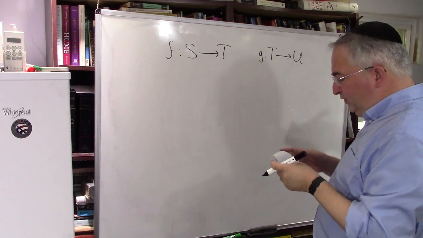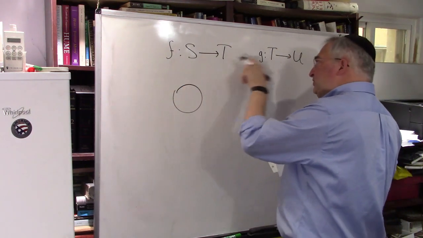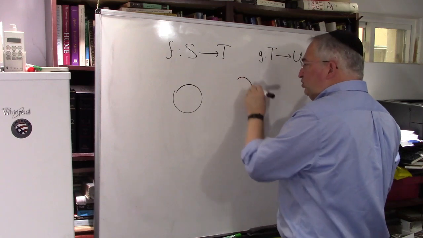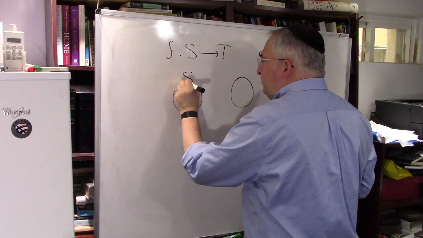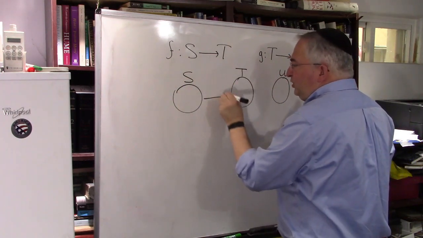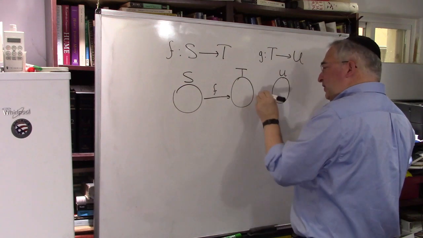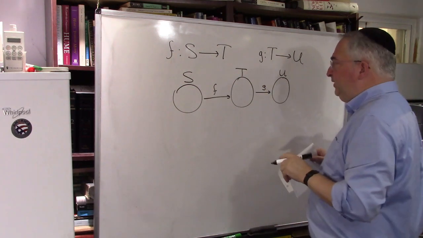U is just another set. Notice this is the same as this. So we can draw this situation as follows. You have three sets, S, T, U. You have a function f from S to T. You have a function g from T to U. It's a capital U.